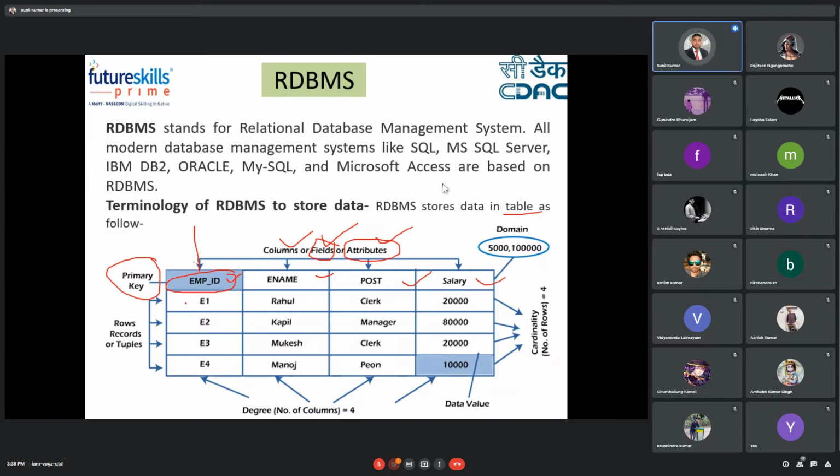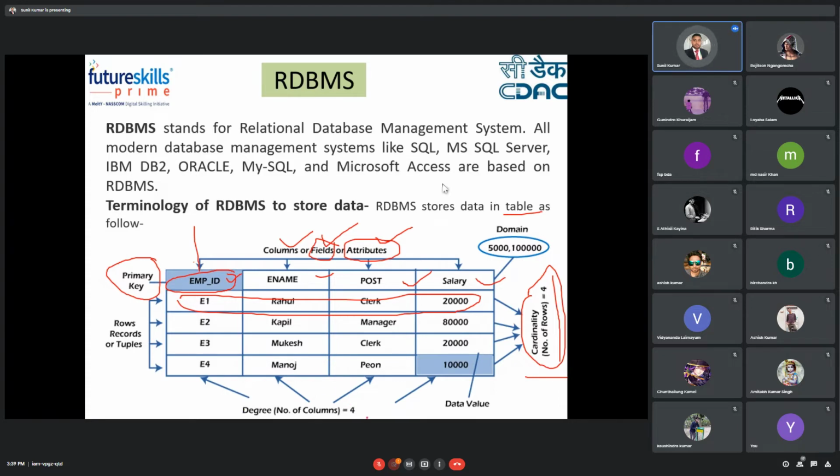Every row in the table is known as a tuple or record. Cardinality and degree are two new terms in this concept. Cardinality: the number of rows in a table is the cardinality of the table. Understand? If there are 4 rows, E1, E2, E3, E4, that means 1, 2, 3, 4, so the cardinality of the table is 4.